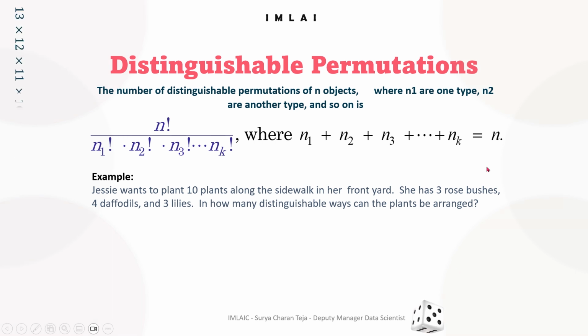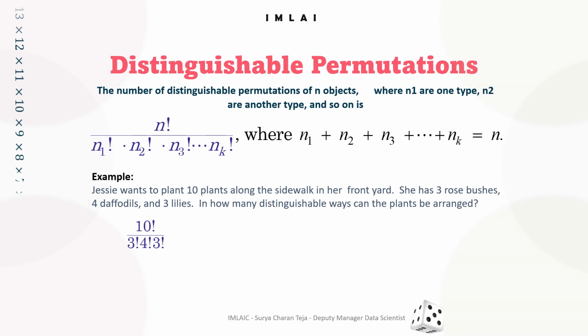Jessie wants to plant 10 plants along the sidewalk in her front yard. She has 3 rose bushes, 4 daffodils, and 3 lilies. In how many distinguishable ways can the plants be arranged?